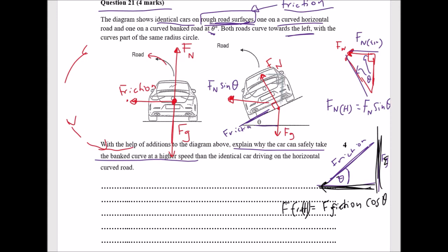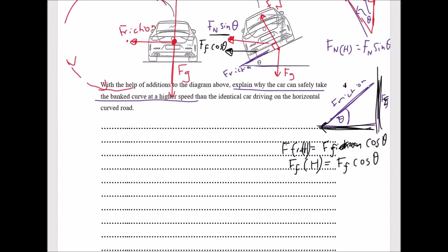So I'm going to rewrite that: F friction cos theta equals the horizontal component of that friction force. So not only do I have the normal component, I also have the friction component, cos theta. So I have those two things. If I rewrite the centripetal force for both of these equations, it'll look something like this.